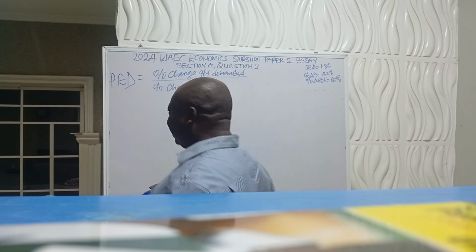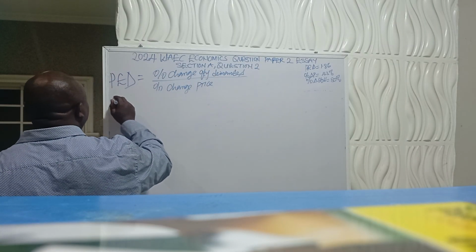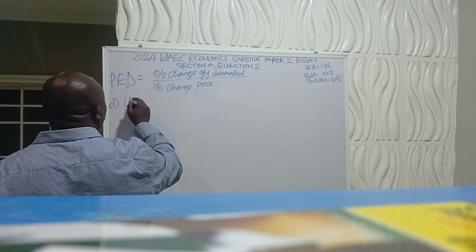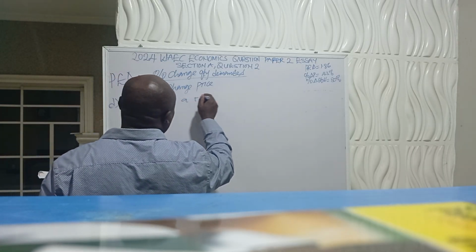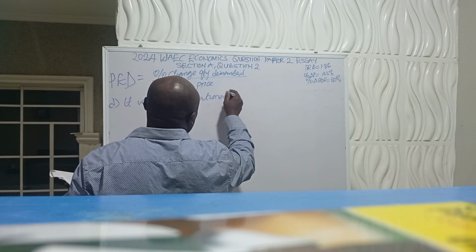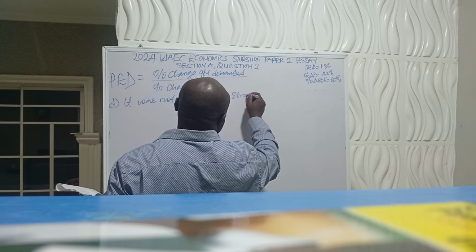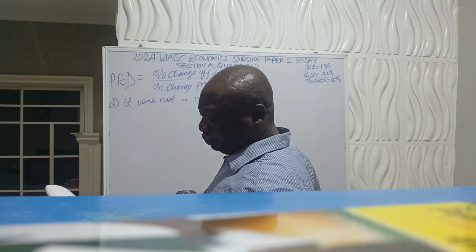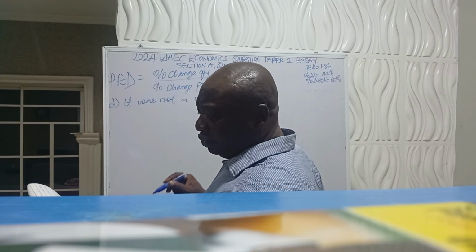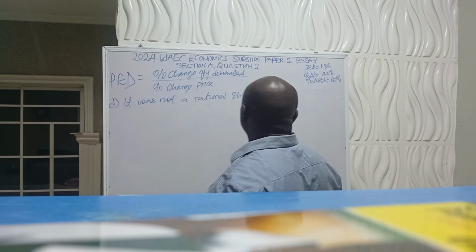From your answer in 2A, Roman figure 2, was the increase in price of the fruit juice a rational strategy? So, D, it was not a rational strategy. Explain your answer.